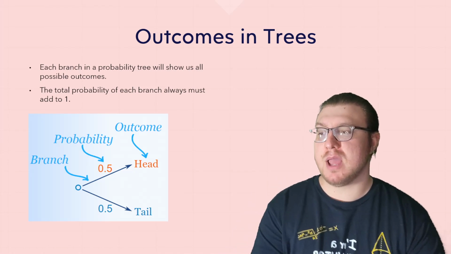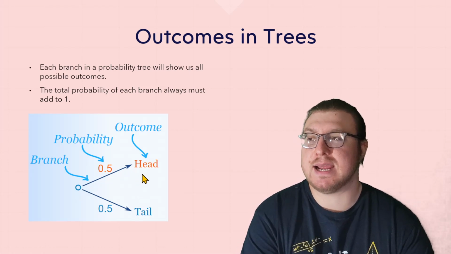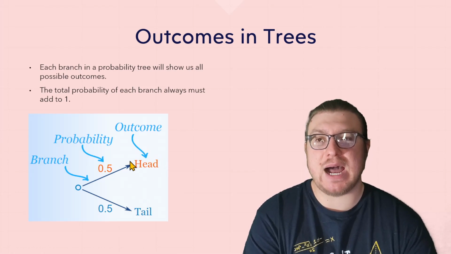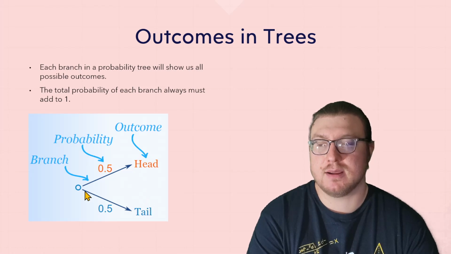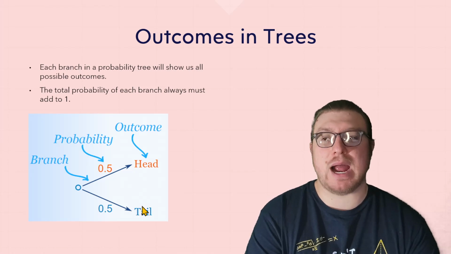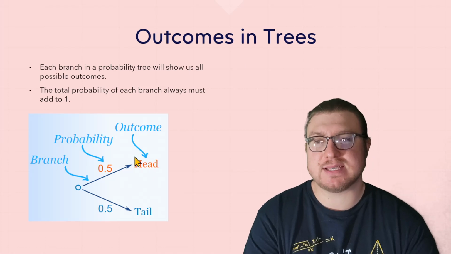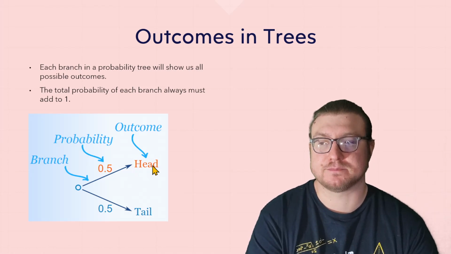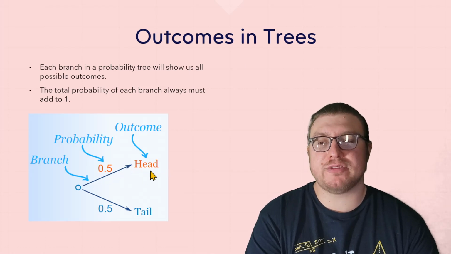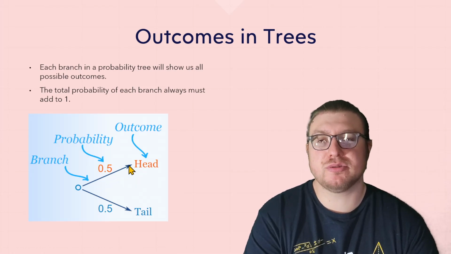Here, for example, we have our branch and we have 2 options, head and tail, for a coin flip. We're going to write the outcome at the end of the line, the actual situation, the real life example of what is happening. We then write the probability of this respective outcome onto the line.